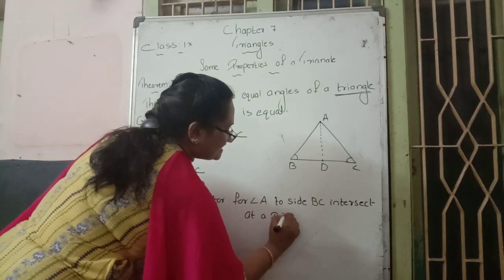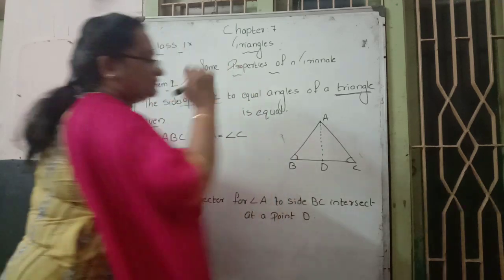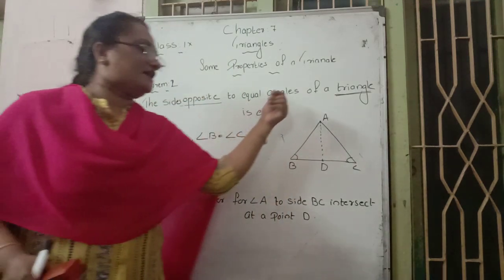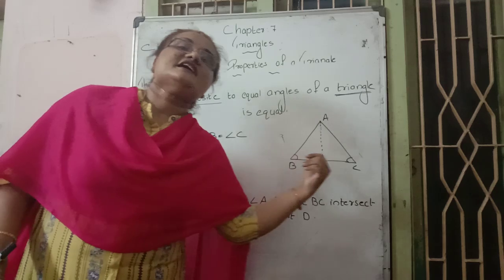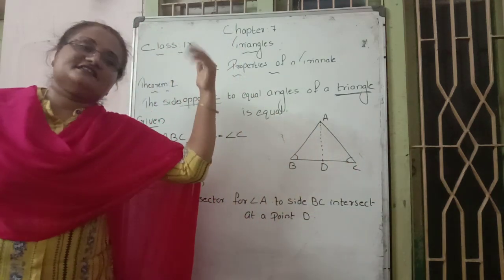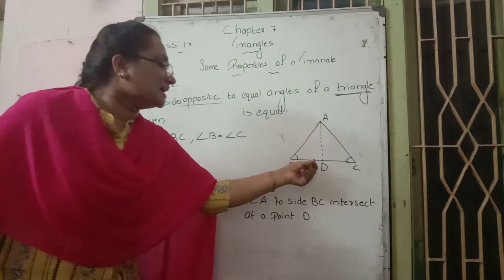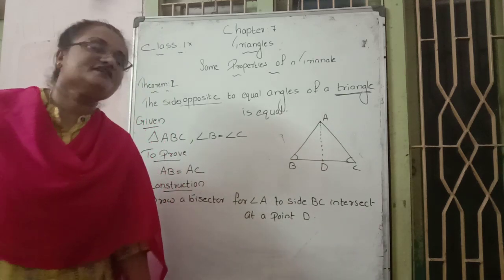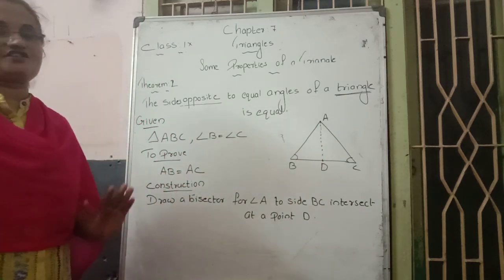Which point is it? Point D. So we say draw a bisector of angle A to the BC side, and they intersect at a point. That point we mark with the alphabet D. This is our construction work.